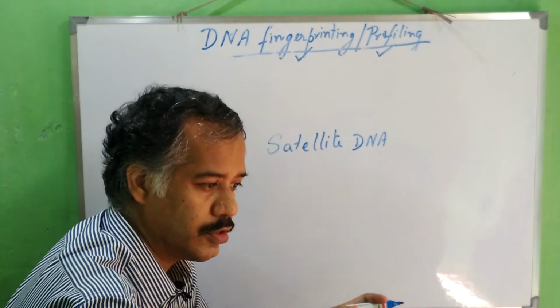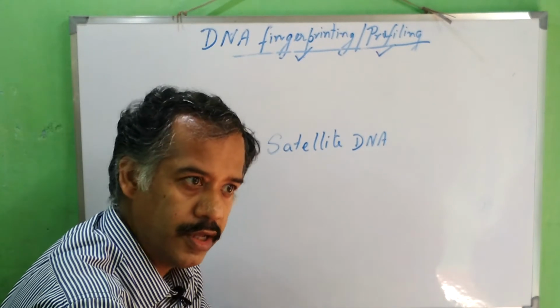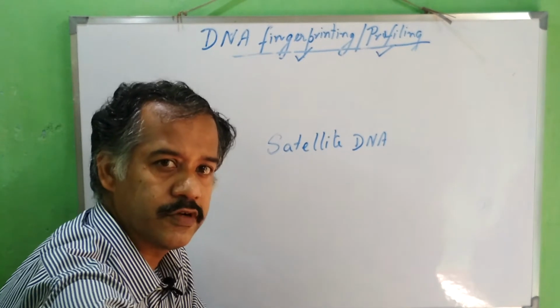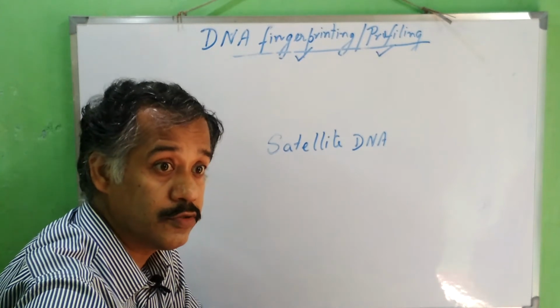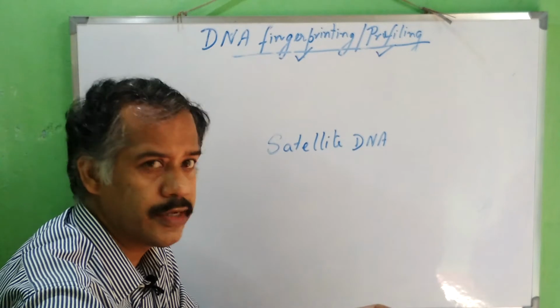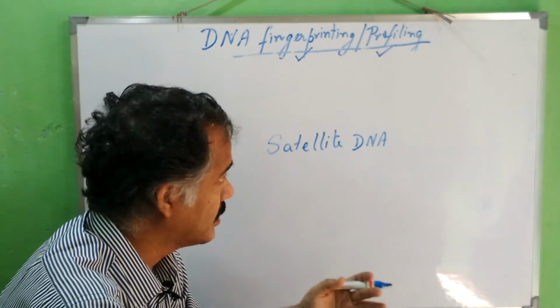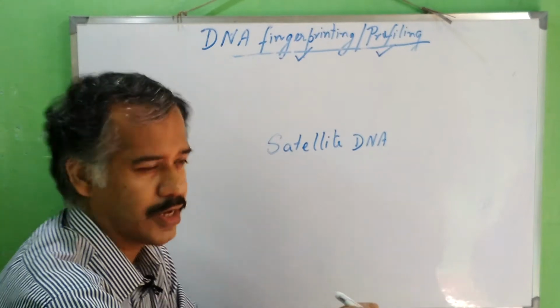You know, the repeat unit is more than 150 or 200 nucleotides long, and that is present for kilobase after kilobase. And where are they present? Usually near the centromeres of all the chromosomes and in a lot of the heterochromatin regions. That is satellite DNA. We are not really interested in satellite DNA.